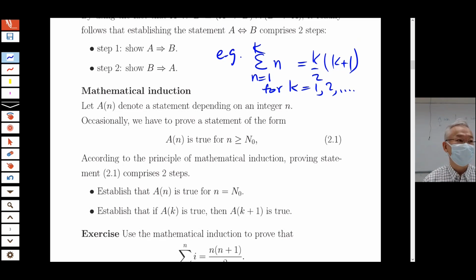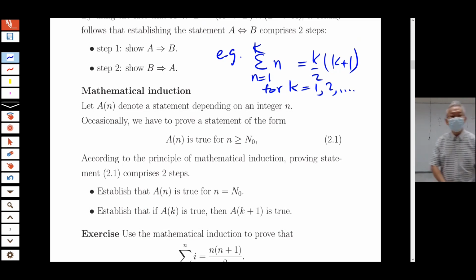There are an infinite number of k for which this statement holds, so you can't prove it for each k individually. It is true for any positive integer k, and there are an infinite number of positive integers, so you can't do this.